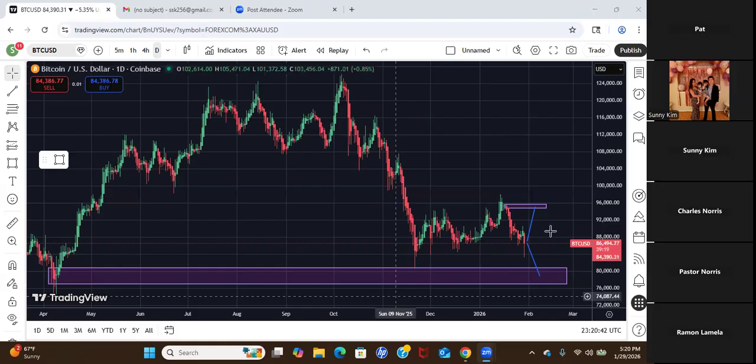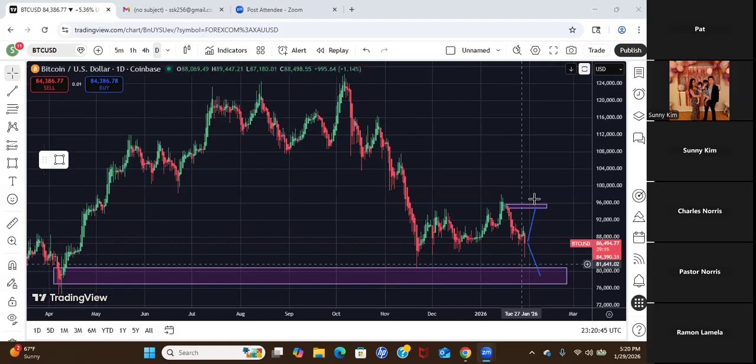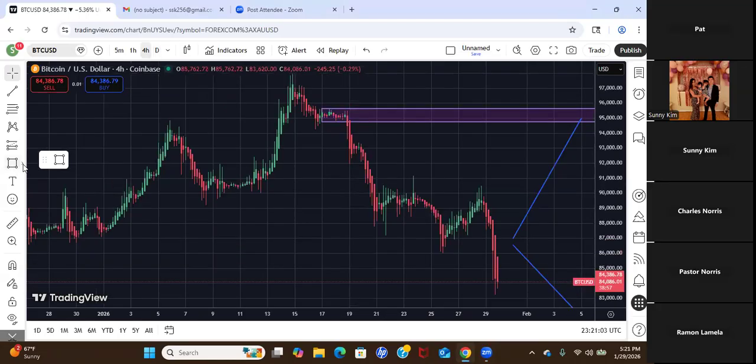Incredible. So once you determine these daily zones, the next thing you do is go to the 4 hour time frame. On the 4 hour, same thing. Look for the last green before the reds.